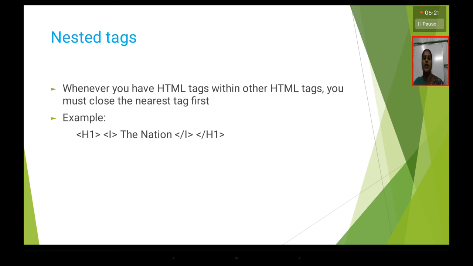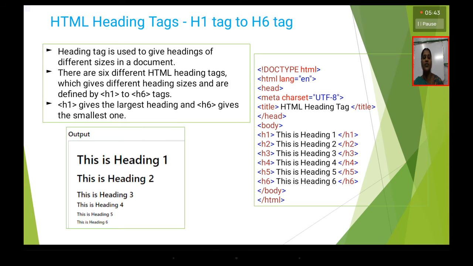That is called a nested tag. Suppose I want to write an italic font, it can be written in the heading tag. Then I can write a break tag in a paragraph tag. So we can write one tag within another tag. This is possible in HTML.